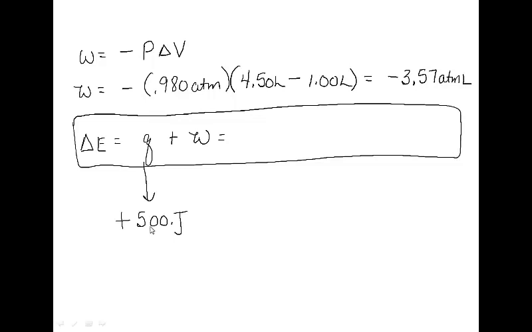This is the heat energy, all right? And it is from the point of view of the system, and the problem says that 500 joules of heat energy is flowing into the system. Notice that my Q, my heat energy, is in units of joules while my work is not. That means I have to convert my work.